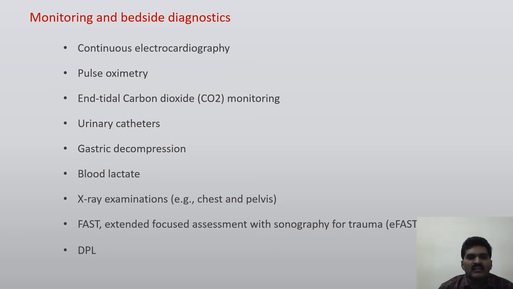Measure blood lactate levels. If blood lactate is elevated, repeat after a resuscitation effort. X-ray examinations based on ATLS guidelines. You need to do a focused assessment sonography in trauma, or extended FAST. Finally, DPL is an option.